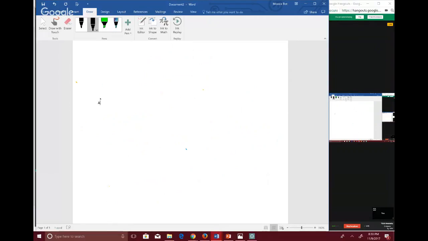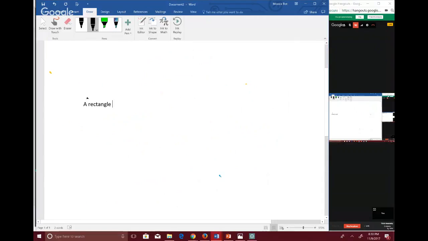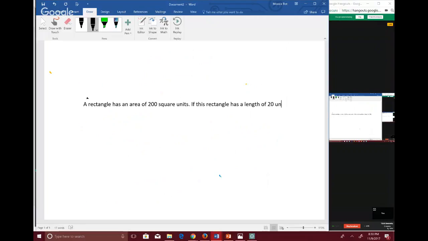So for example, they would say something like a rectangle has an area of 200 square units. If this rectangle has a length of 20 units, what is the width of the rectangle?